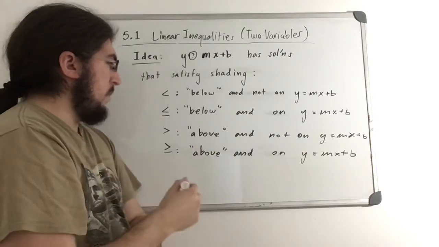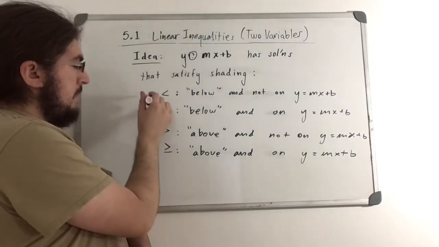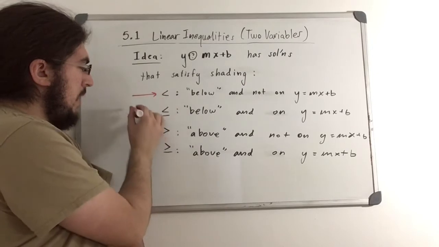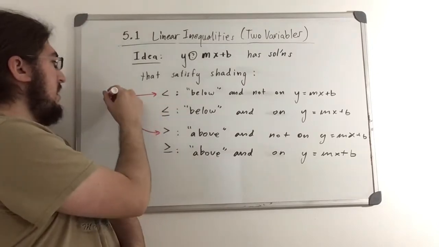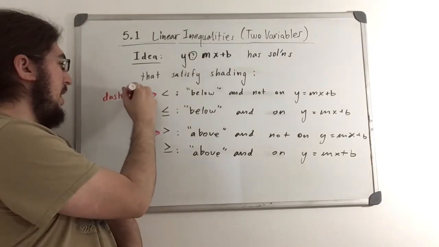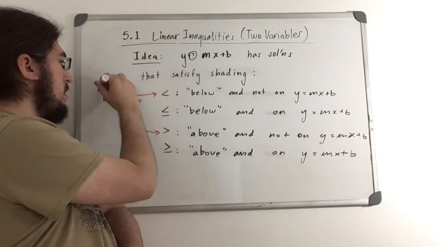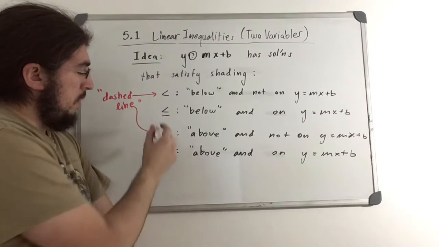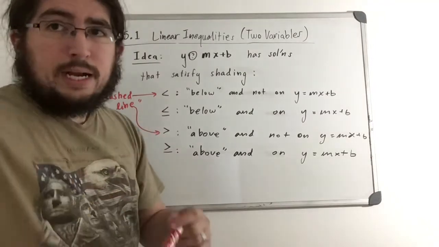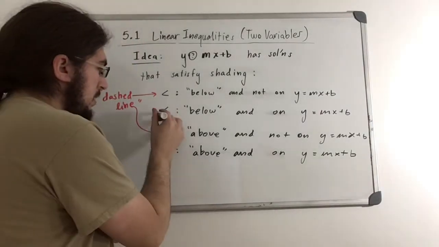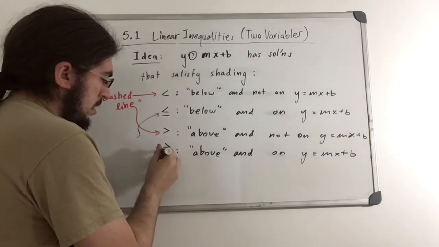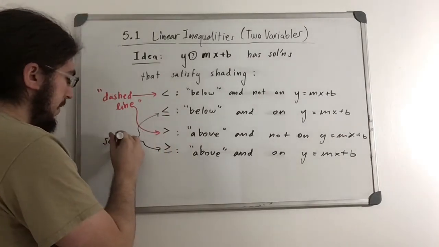Now let me just say the following. For the ones that are not "or equal to," this is described by a dashed line, as we saw in the previous example. Whereas for the "or equal to" ones, it will not be a dashed line, but a solid line.